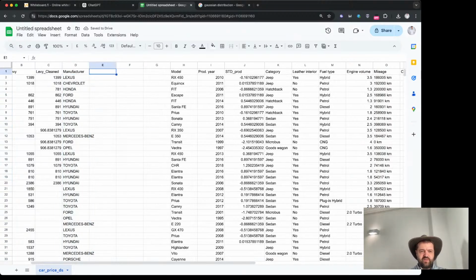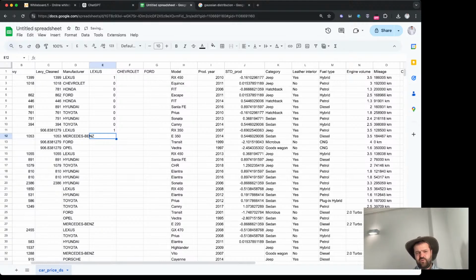We will delete this column and replace it with multiple other columns. I will have a Lexus column here, a Chevrolet column here, a Ford column here, and so on. And what I would do here is write 0 if it's not that brand, and 1 if it is. So for example, this is 1, this is 0, 0, 0, 0, 0, 0, 0, 1, right?